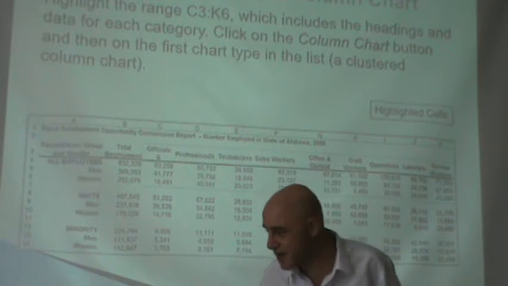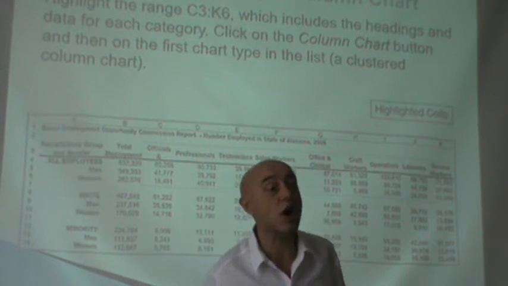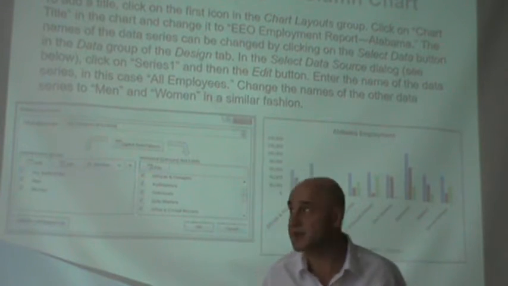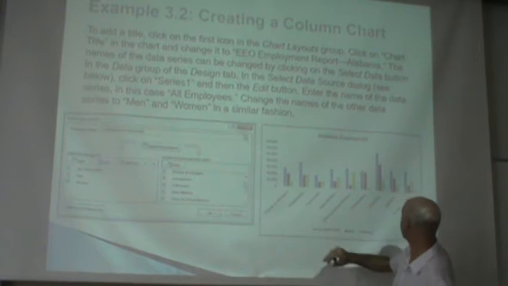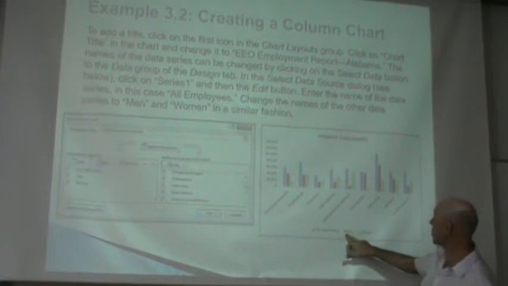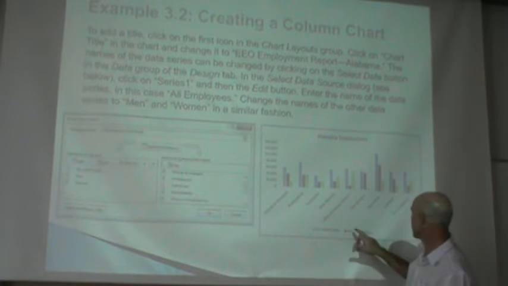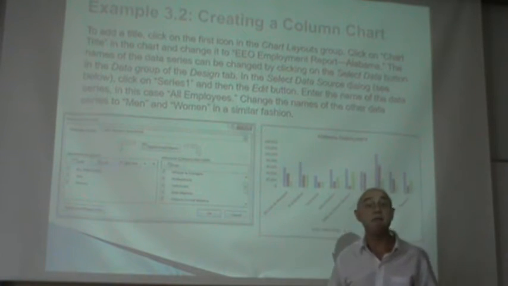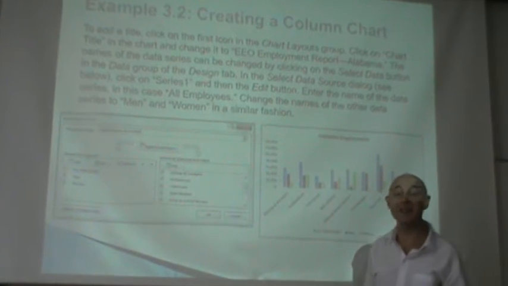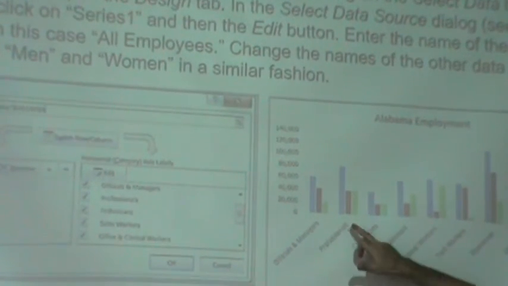Okay? Let's see if we got a chart and what the chart looks like. Again, this is all common sense. It's all fairly easy. Oh, officials and managers. All employees, men and women. So, men is red and women is green. Now, you can try and zoom in a little bit one by one so we can see what's going on.